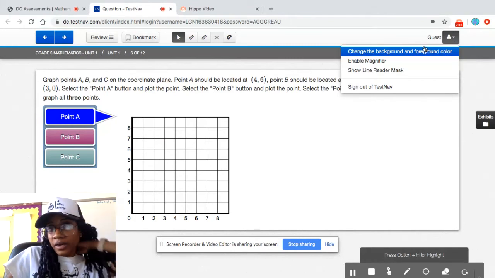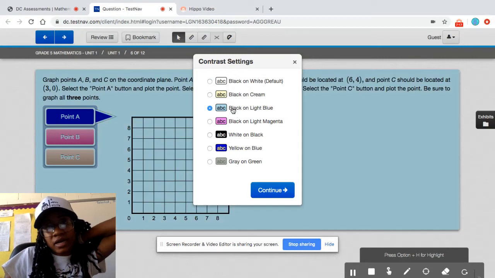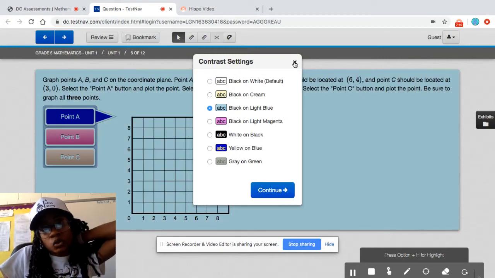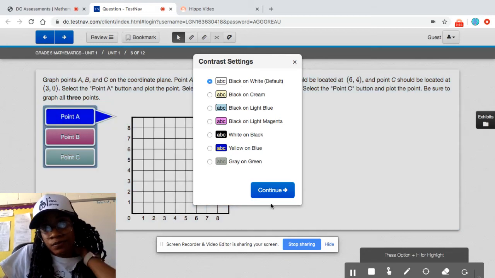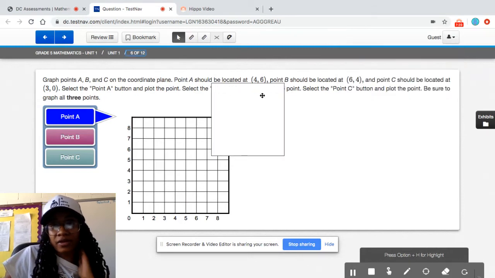Other tools that are important: again, we still have to change the background for scholars who struggle with everything being white and black. And we have the magnifier.